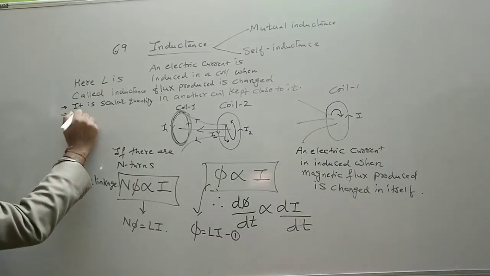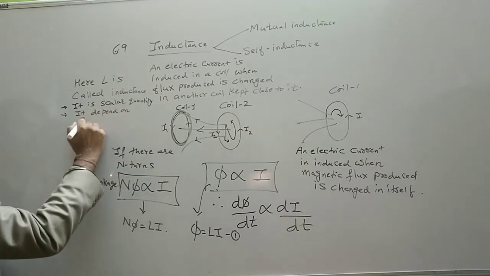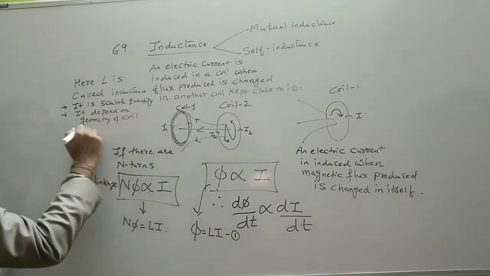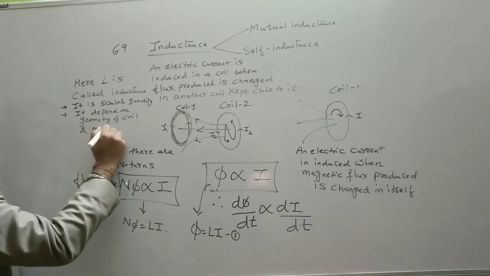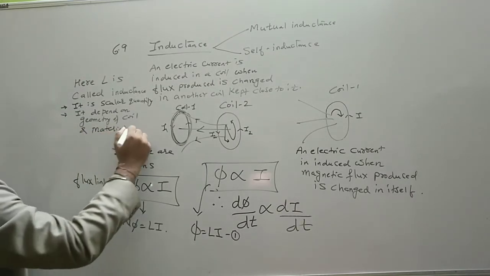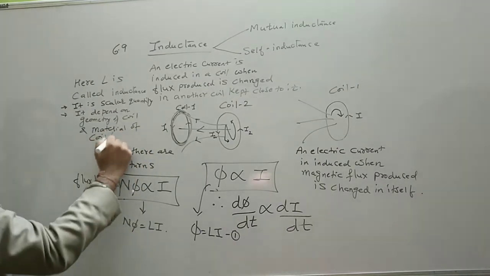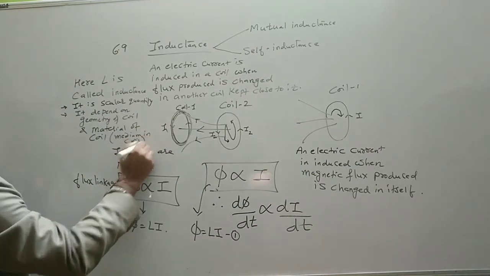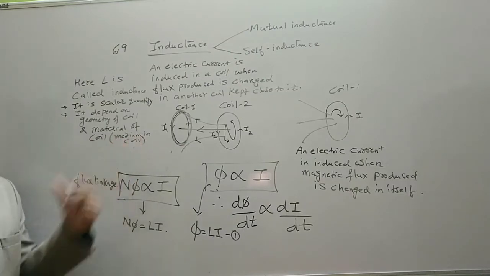Second, it depends on the geometry of the coil and the material of the coil, or you can say the medium in the coil. So it depends on the geometry of the coil or the material of the coil or medium in the coil.